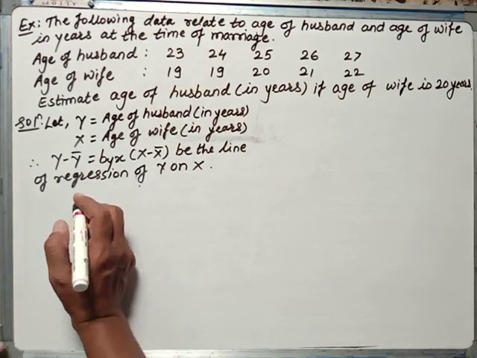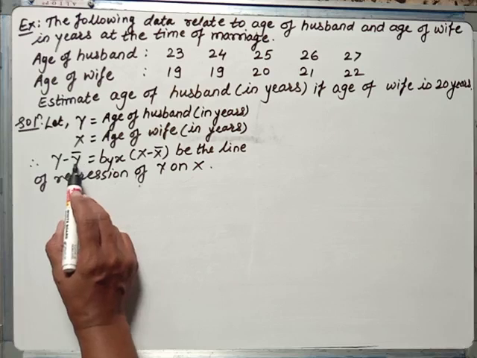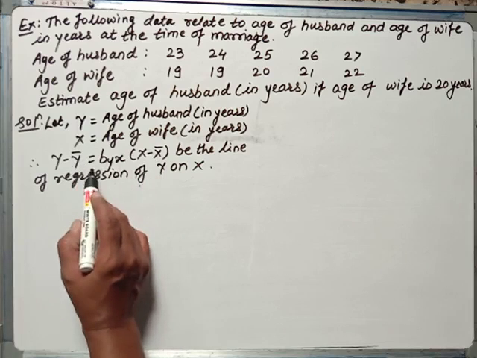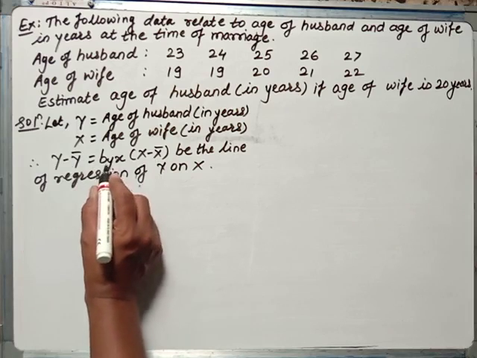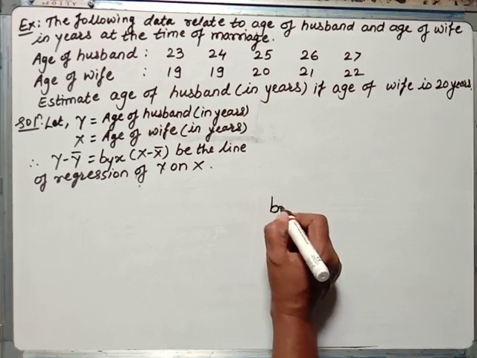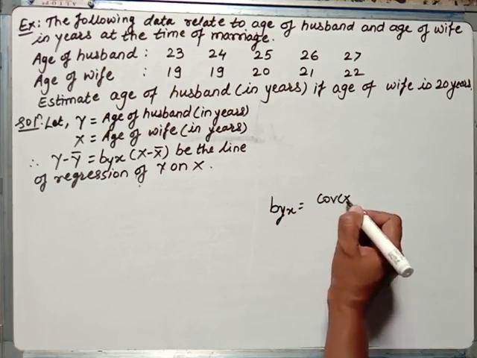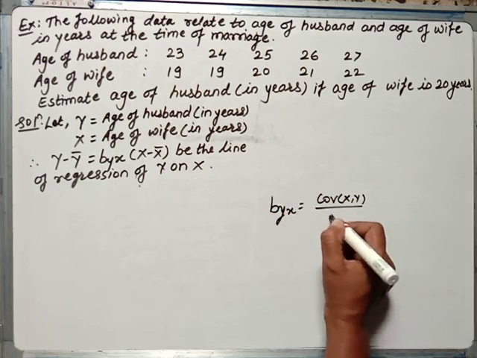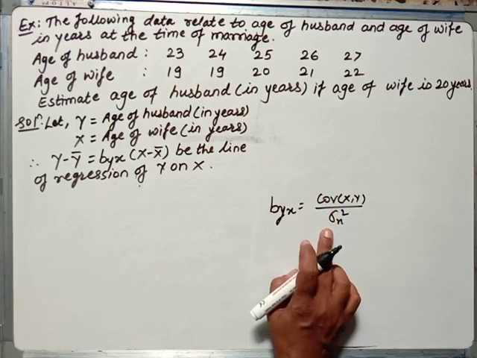So now we have to determine this equation. For that we need to determine x bar, y bar and this byx. For determining byx we had already seen a result. What is byx? It is covariance between x and y upon sigma x square. So we have to determine covariance as well as sigma x square.